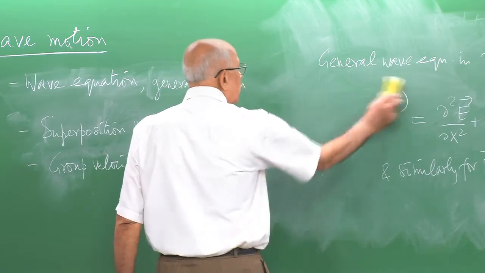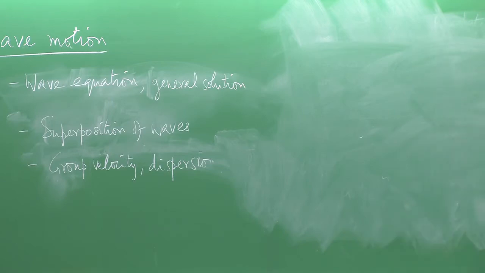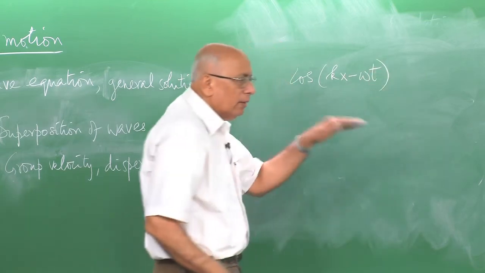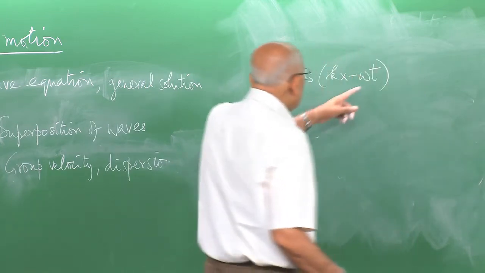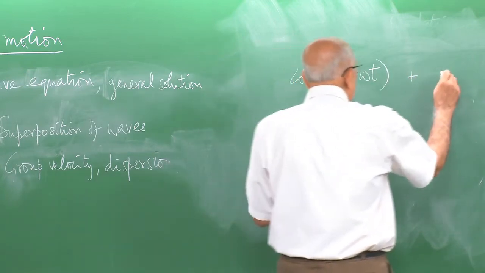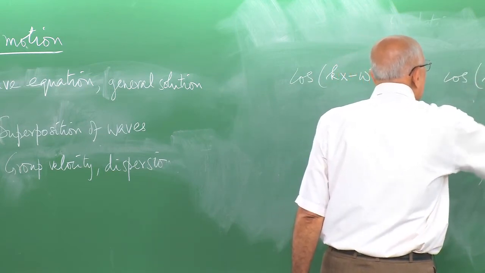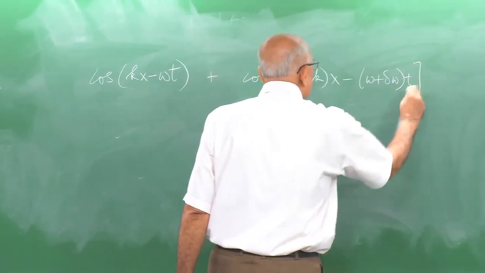Next, let us look at superposition of waves. So, let us suppose that we have 2 waves, one of which is a cosine of kx minus omega t, a travelling wave in the x direction, a one-dimensional wave with a wave velocity which is omega over k, and along with it at the same time the medium has a disturbance which is cosine of (k plus delta k) x minus (omega plus delta omega) t.